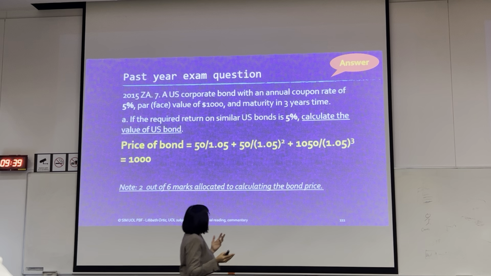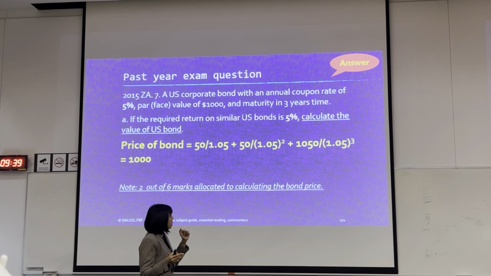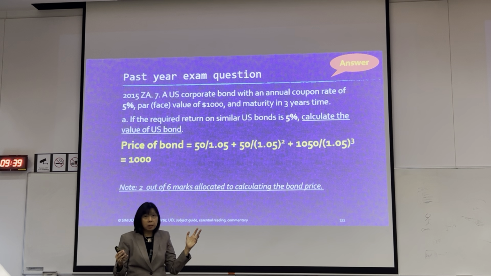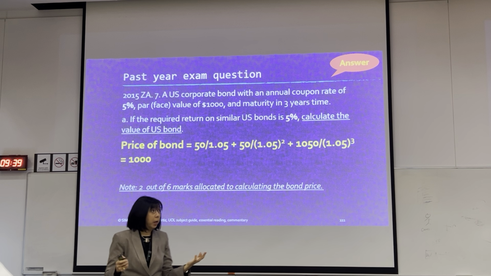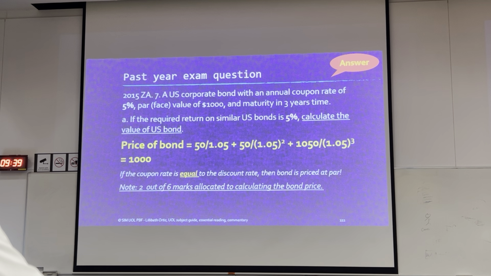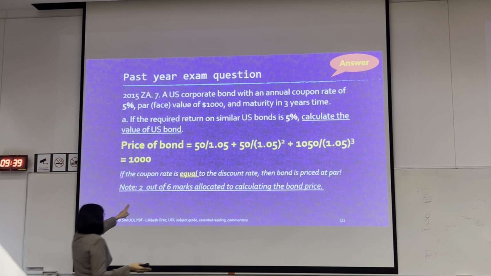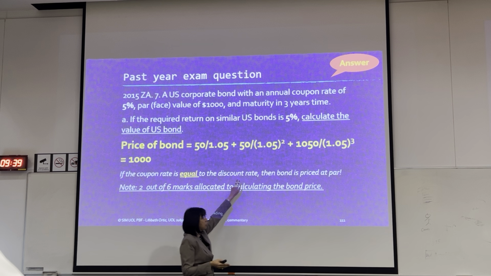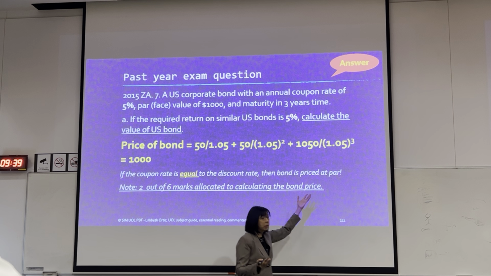The discount rate, as we said, is 5%, and your coupon rate is also 5%. So no surprises there. You just get 1,000 as the price of the bond, which is at par, because the coupon rate is equal to the discount rate.